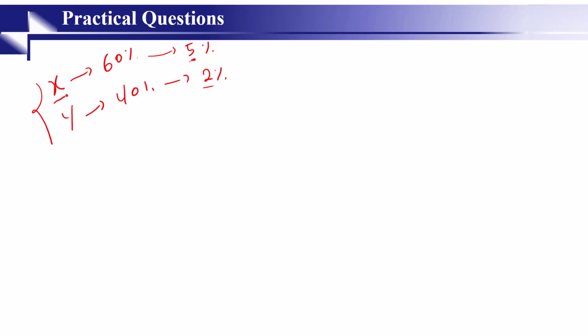So we want to find out P of X given D. It means we know that the product we have selected is defective.